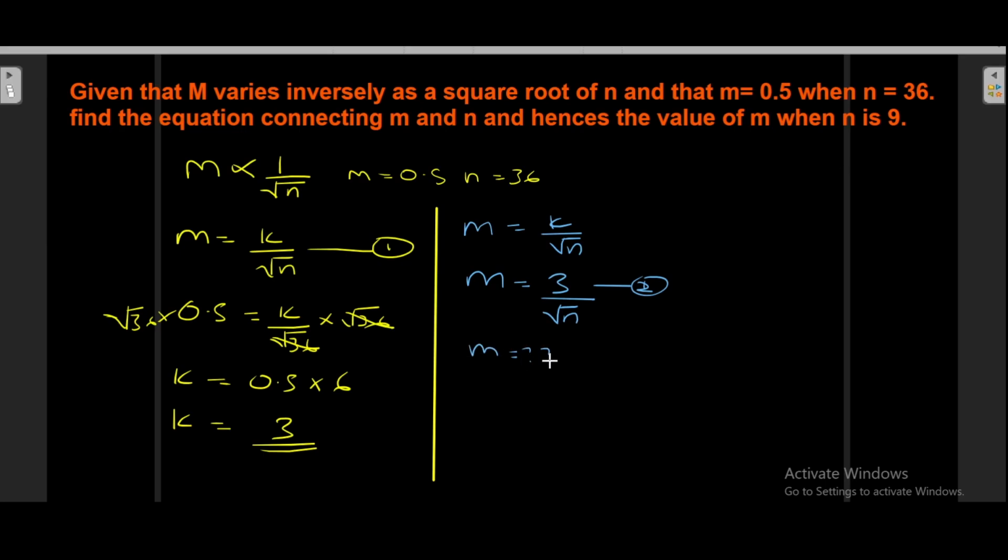We don't know m if n is equal to 9. Therefore, m is equal to 3 out of the square root of 9.